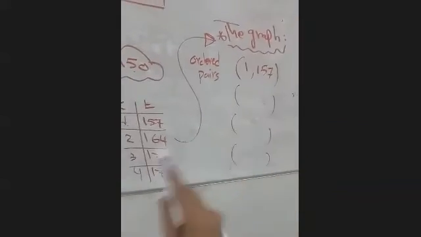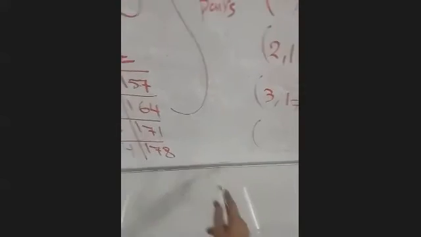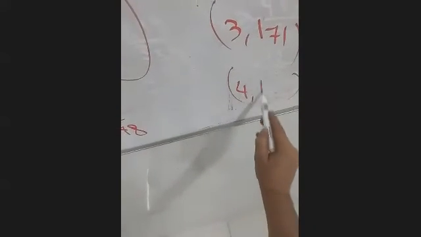The second ordered pair: 2 and 164. Good. The third ordered pair: 3 and 171. The fourth ordered pair: 4 and 178. Is there a problem? No.